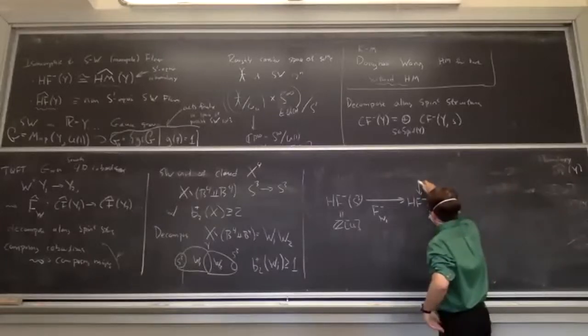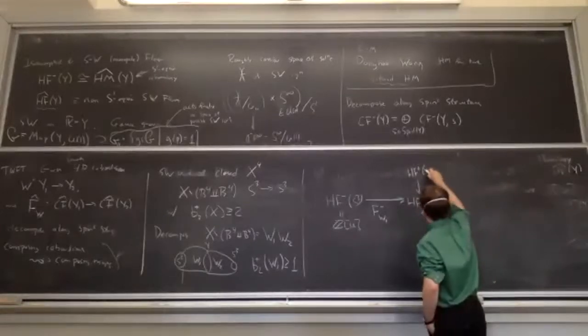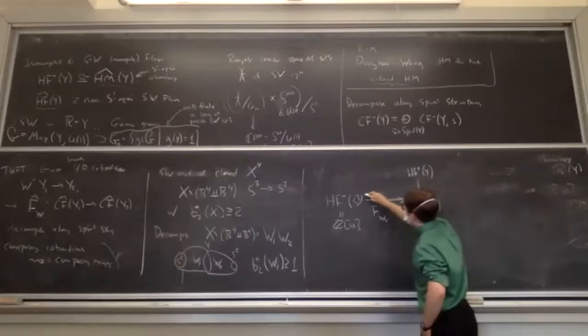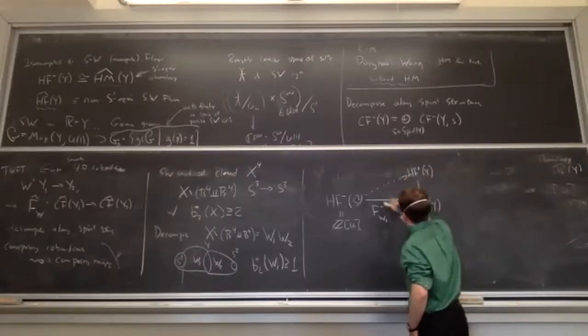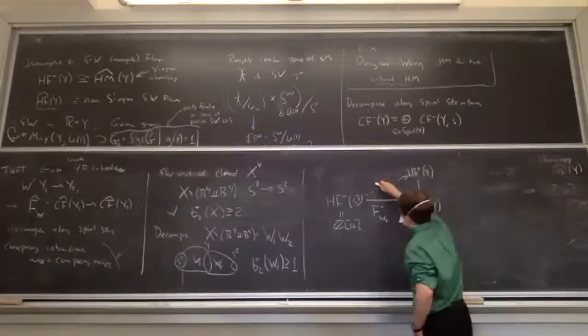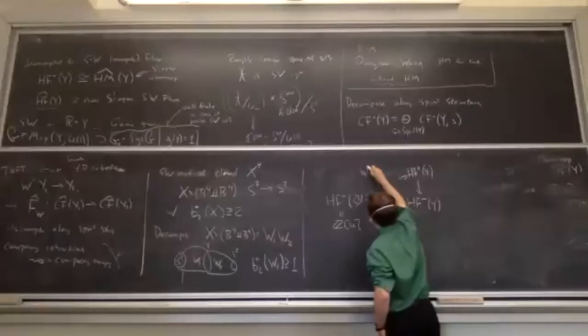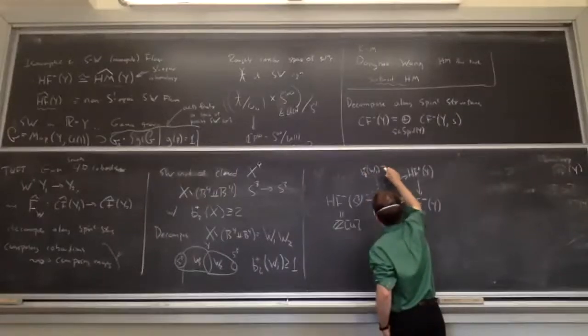There's a map here from HF plus of Y. And it turns out that this factors, and this uses the fact that b2 plus of W1 was bigger than or equal to 1.